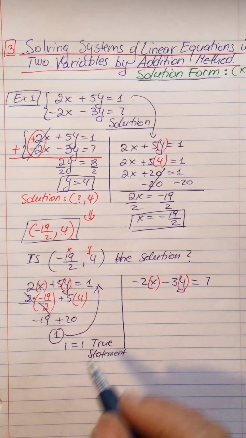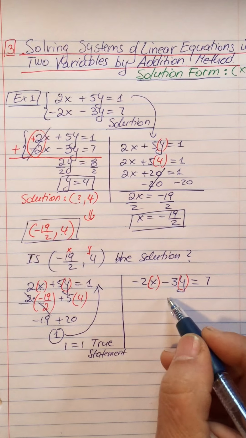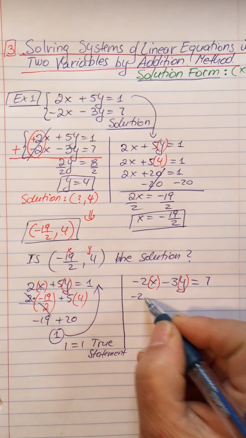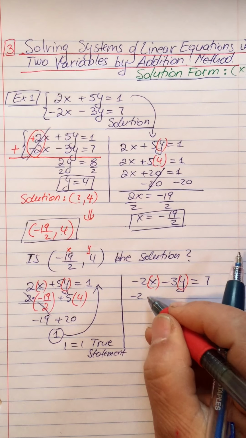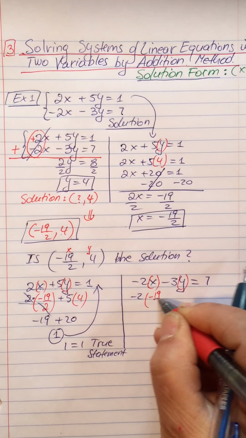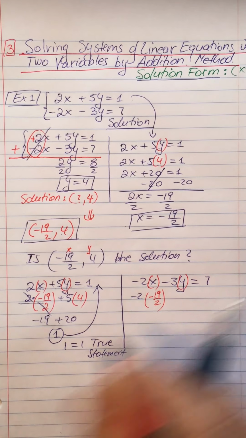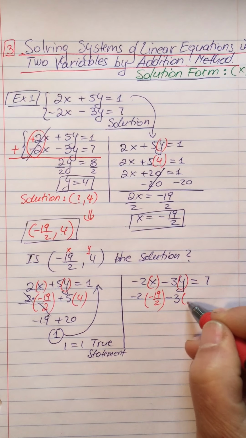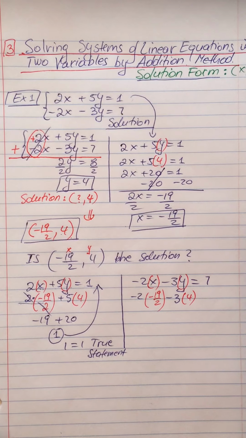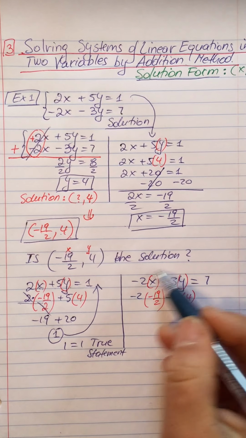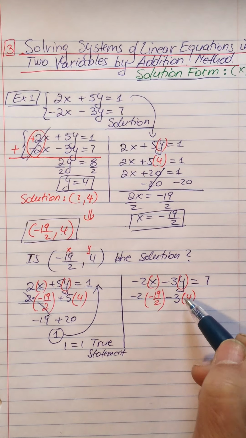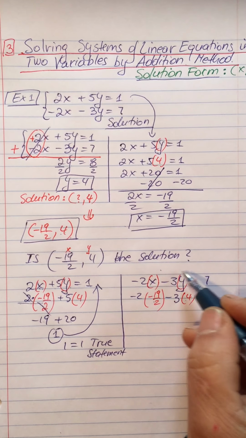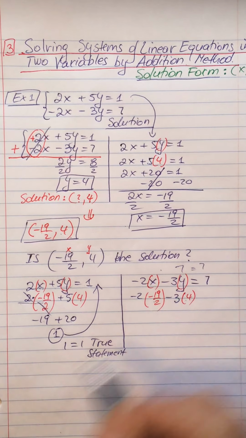So let's see if my solution will do the same thing for the second equation. Instead of x, I have to write negative 19 over 2. And instead of y, I have to write 4. Now my question is, by doing this, I must find the left side to be 7, because 7 equal to 7 is a true statement.